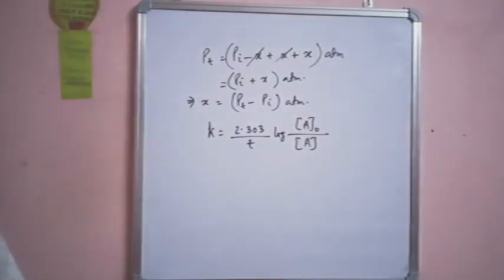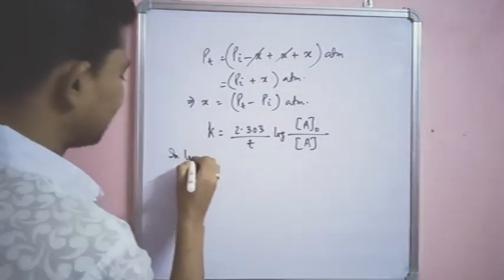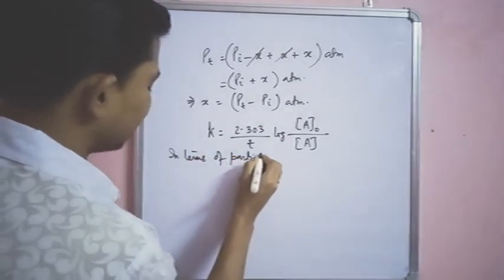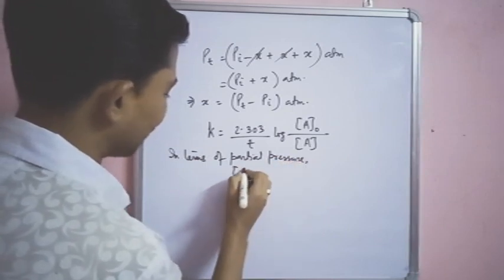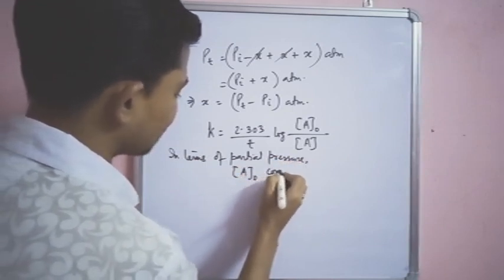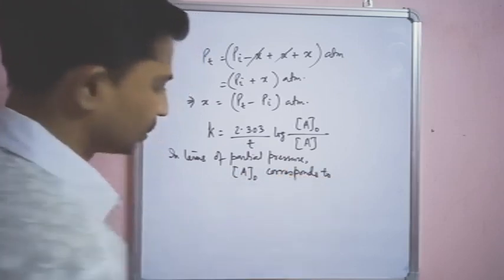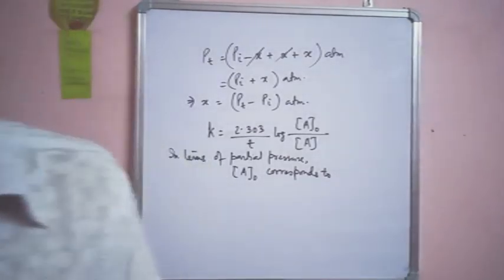In terms of partial pressure, a0 corresponds to Pi.